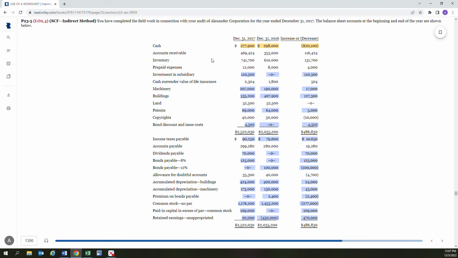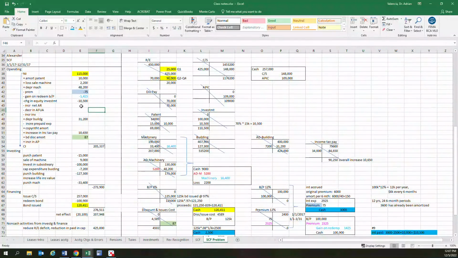Okay, but we can do these three right here real easily. Those are straightforward, using the rule for adding and subtracting the working capital accounts. So increase in net accounts receivable, that's subtracted, 116,424.